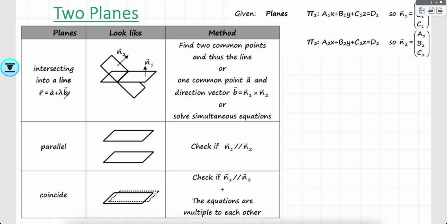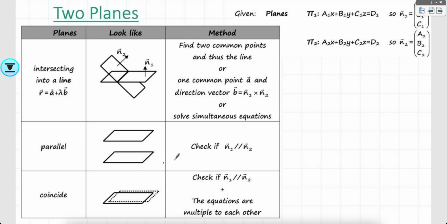Go back to the lesson on the equation of a line. Or they would have one common point, and then you can find the direction vector by taking the cross product of the normal vectors, and that will be the direction vector of the line that they intersect in. Or another method to find this intersection line is to solve the equations like a simultaneous equation. I'll be looking into this method because it is simple to do.